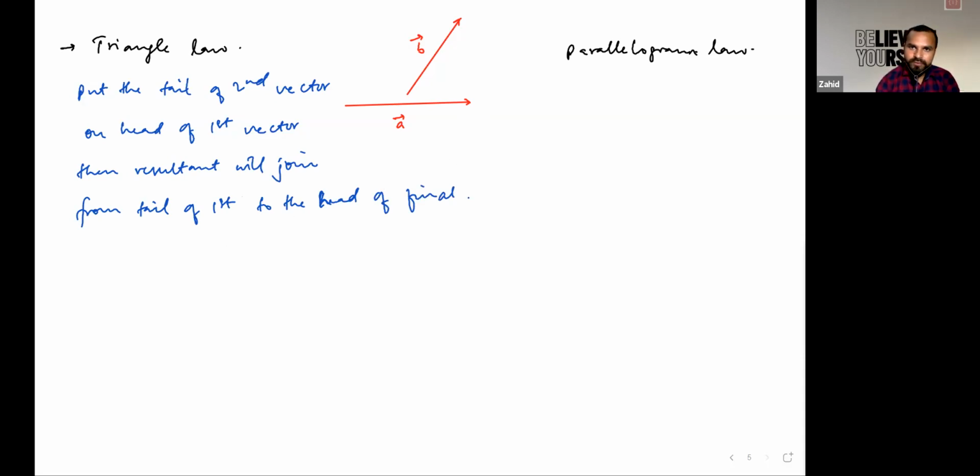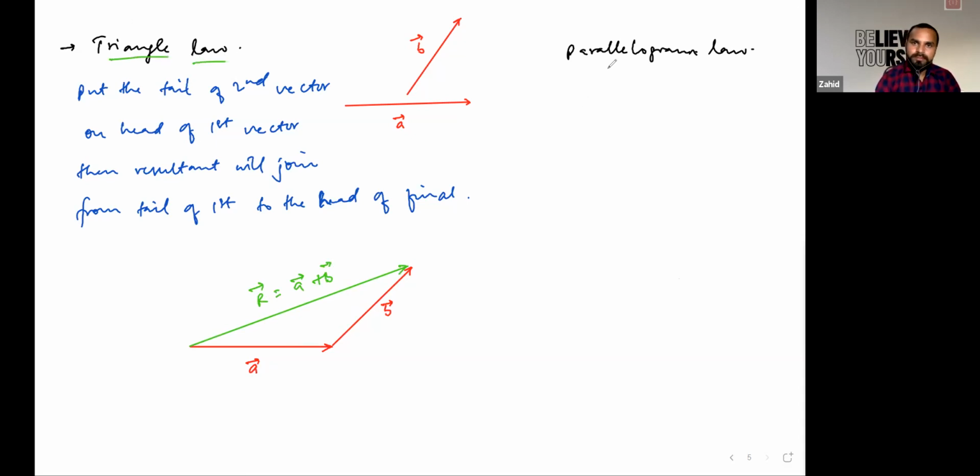Suppose you slide this particular term to this point, so this is the first vector, and this will be your second vector along this path, A and B. A vector which joins from the tail of first to the head of final, like this, is termed as the resultant of these two vectors. So this is called triangle law.